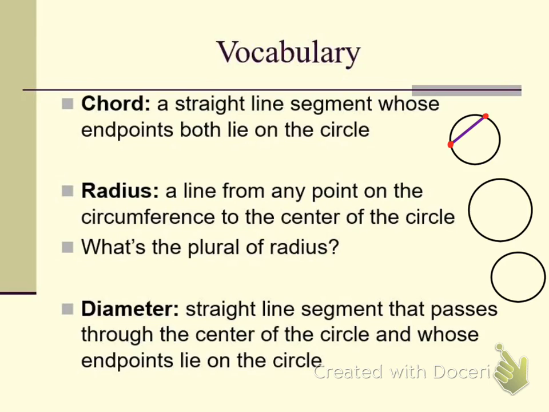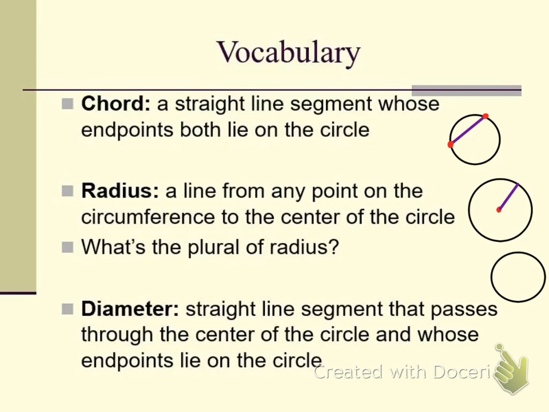All right, our next one that we've got up here is a radius. It is a line from any point on the circumference to the center of the circle. So the circumference, again, just means the outer edge. So it's going to be a line that comes from the outer edge and goes to the center.